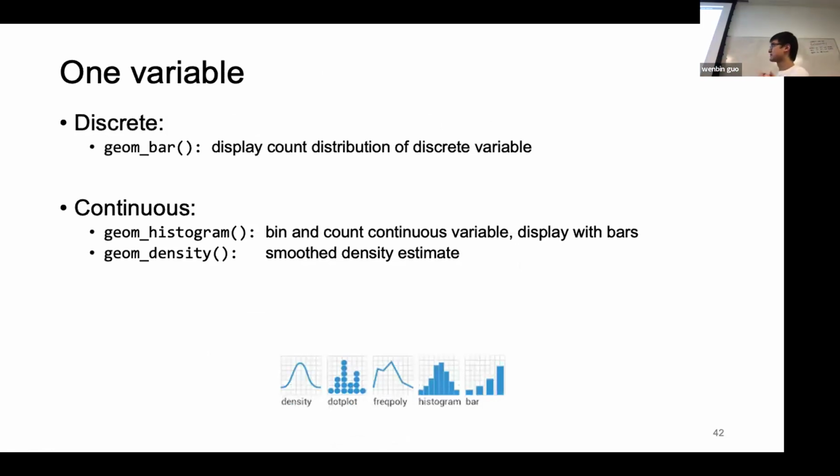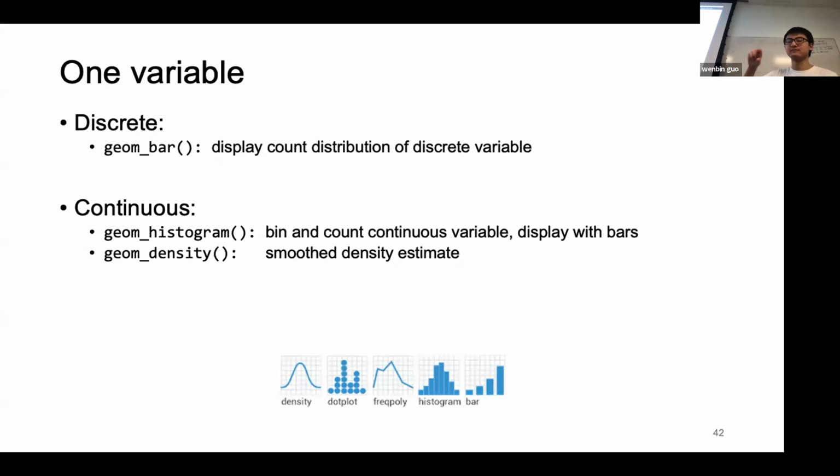And we can also classify the geometry objects based on the number of variables. For example, if you only want to show one variable, then probably the most reasonable way is that you are going to plot a histogram or bar plot in some way. For example, if it's a discrete value, it's a bar plot.